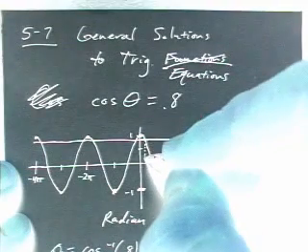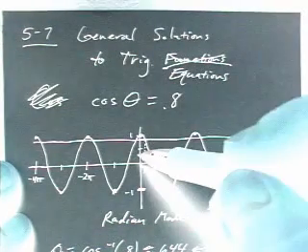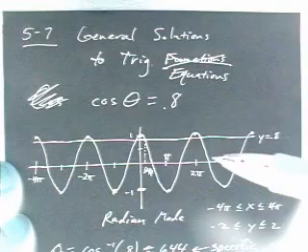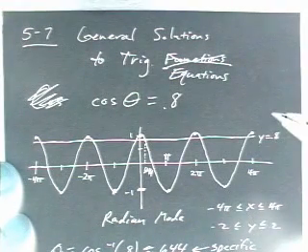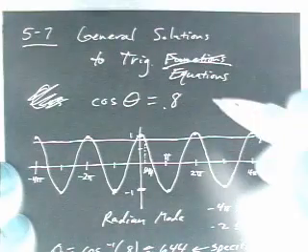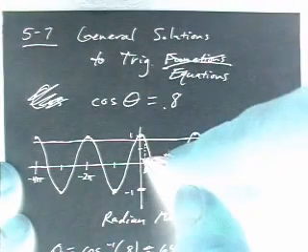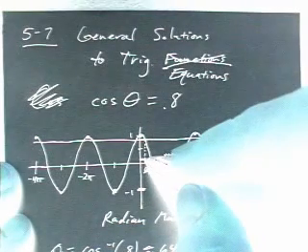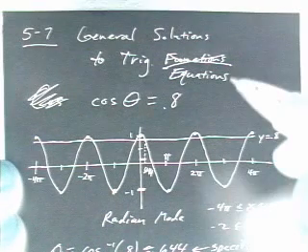That one happens to be right here. I know that that is 0.644 because it is between 0 and pi. And there's only one solution between 0 and pi. What's the distance between 0 and 0.644? Isn't the distance 0.644?